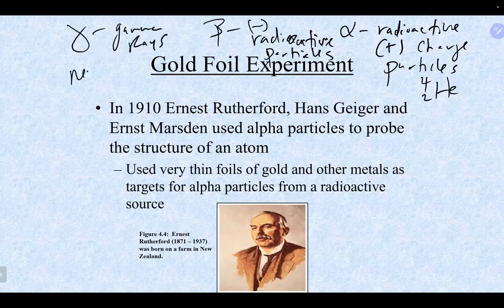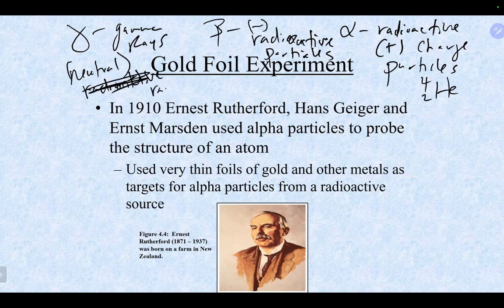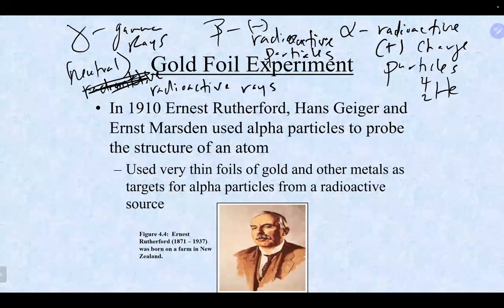Gamma rays are neutrally charged radioactive rays. You can almost equate these three radioactive particles, which were commonly used in experiments to understand the atom, to the three subatomic particles. Alpha particles are positively charged like protons. Beta particles are negatively charged like electrons, and gamma rays are kind of like neutrons. They have no charge.